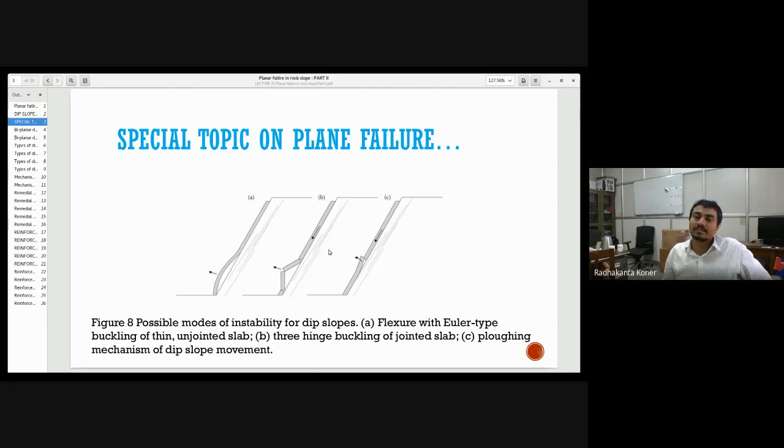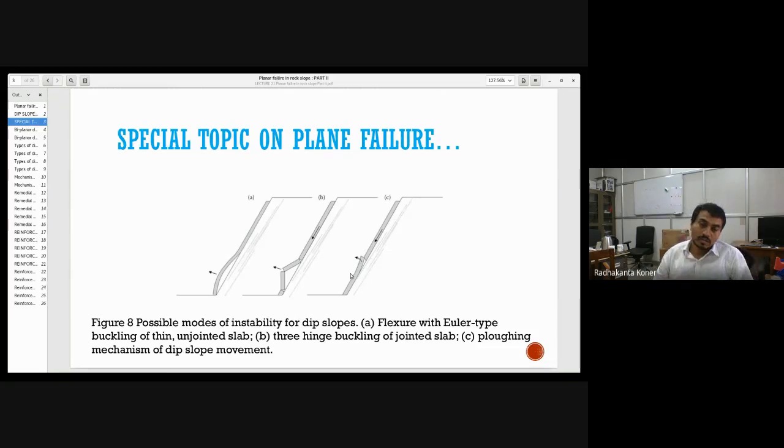Finally, a huge amount of movement will occur at the bottom. Not only that, the top portion may slide along this weakness plane, that is, a bedding plane.